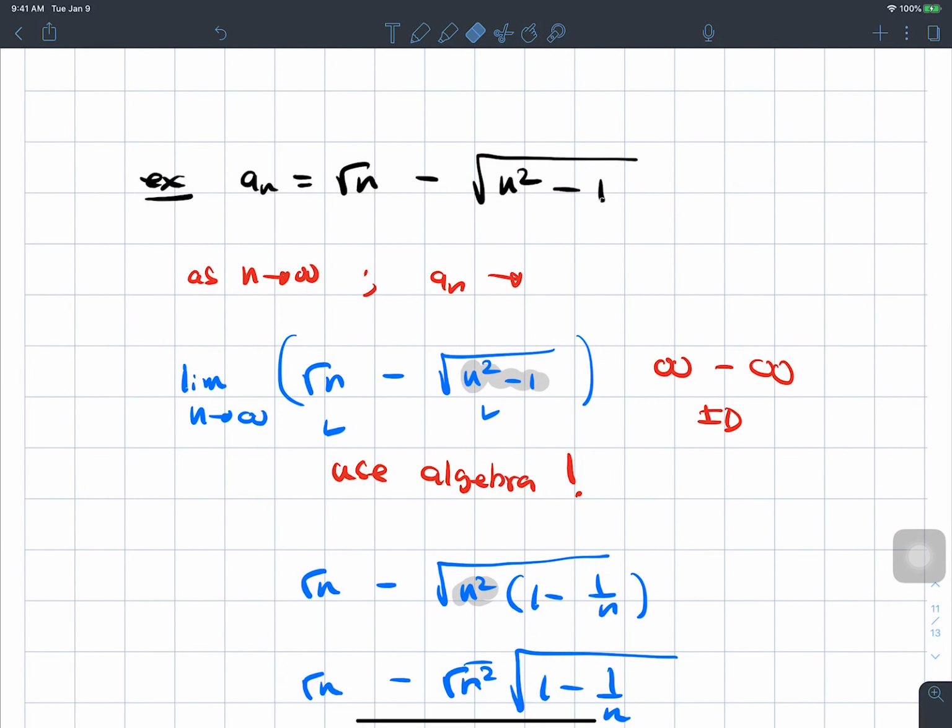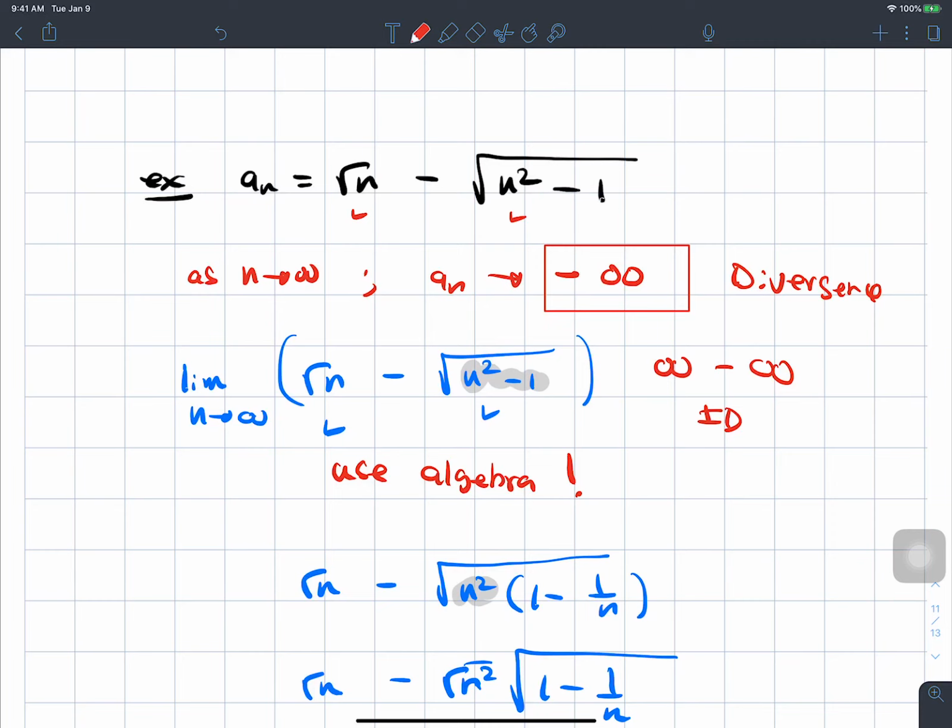But we have divergence. You can kind of see it here because, like I said, if n's getting big, notice this here is the square root of n. This over here, you're squaring it, so it's getting bigger faster, right?